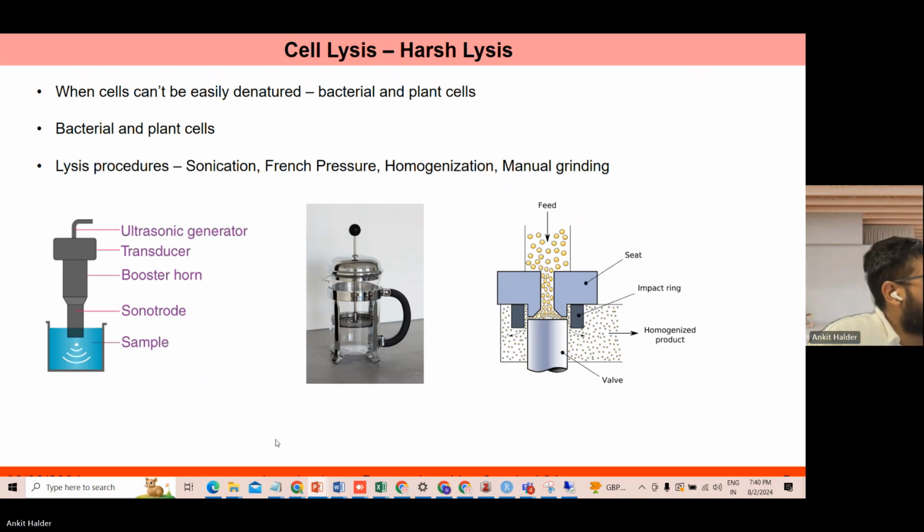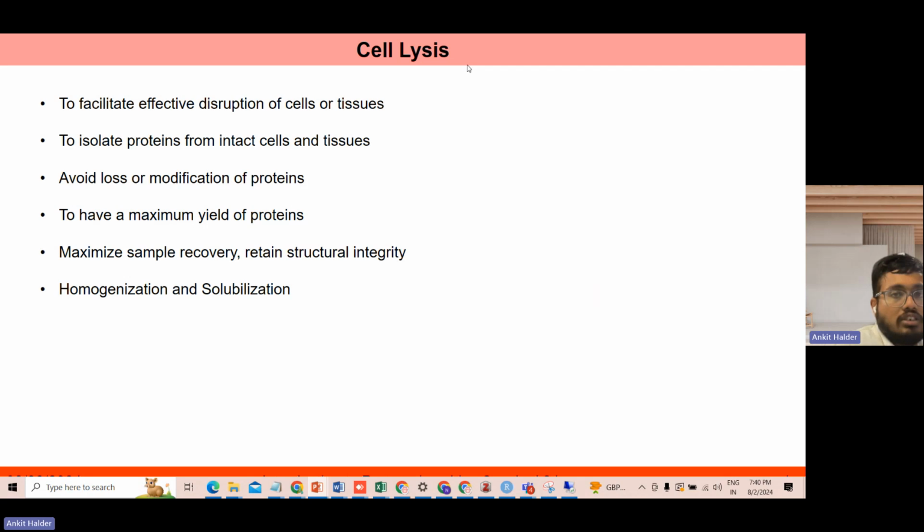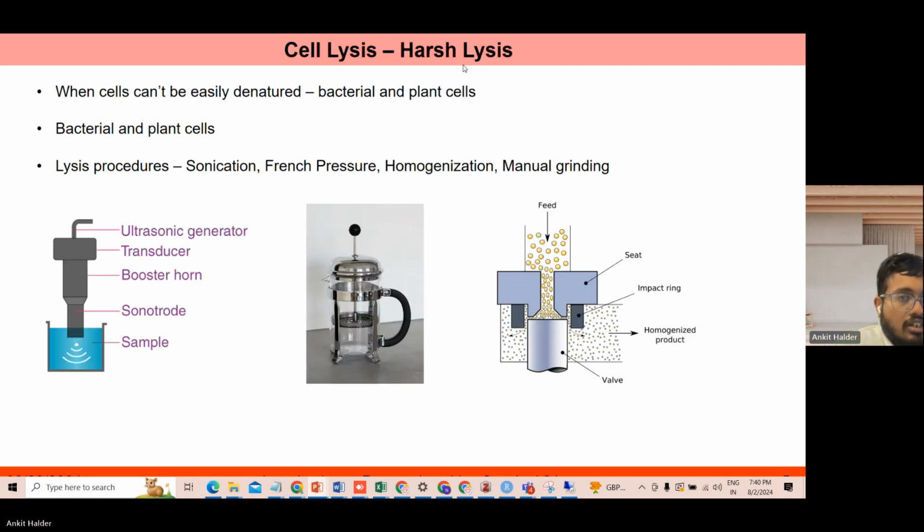So when do we use harsh lysis or soft lysis? It would be better if we can generate the lysate through soft lysis. Why is it so? Because if it is done through soft lysis, we make sure that the protein is not getting denatured or modified, and there is no loss of proteins.